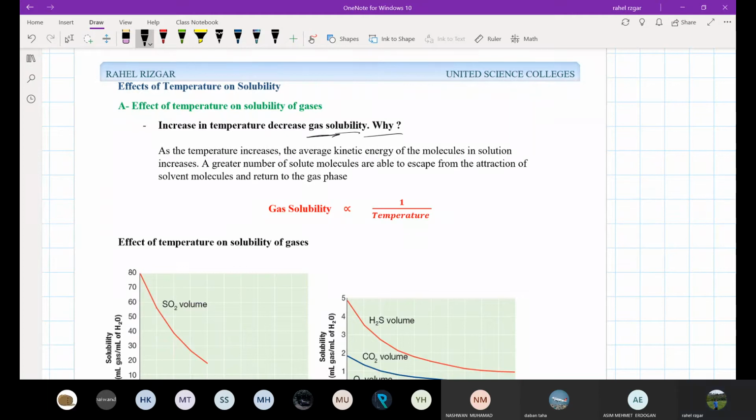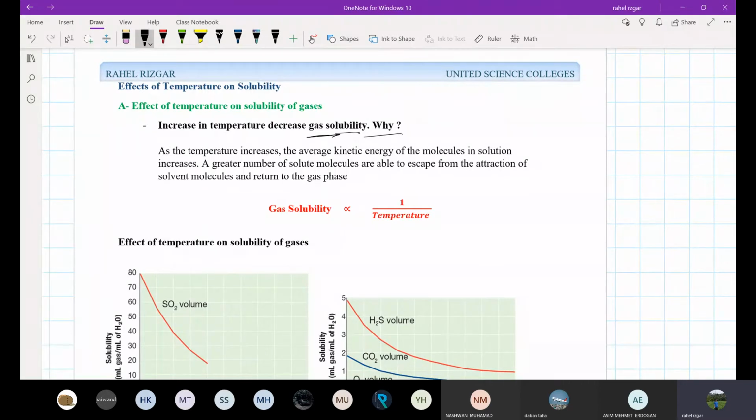Why? Again, if you remember, whenever we talk about increasing temperature, we have to think about kinetic energy. As the temperature increases, the average kinetic energy of the molecules in the solution increases.